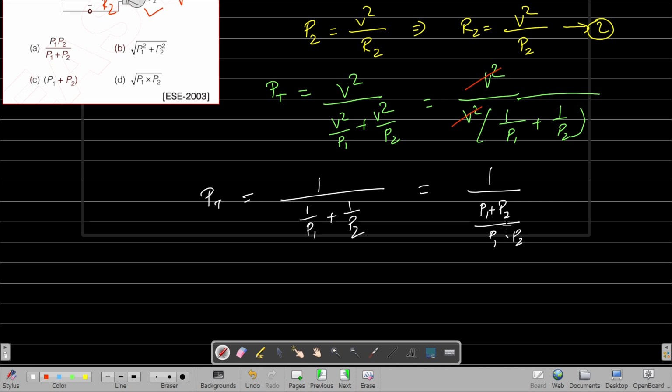We will take the reciprocal of it and then we get power supplied equals P1 into P2 upon P1 plus P2. So this is our required answer. This much power will be supplied by the source.